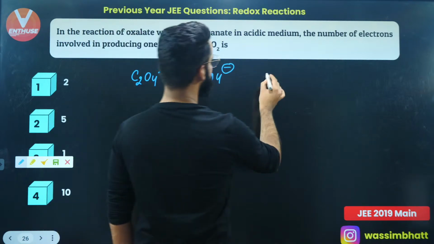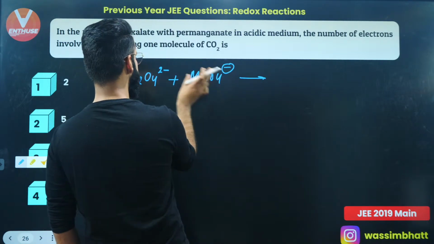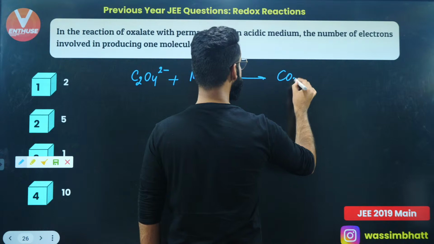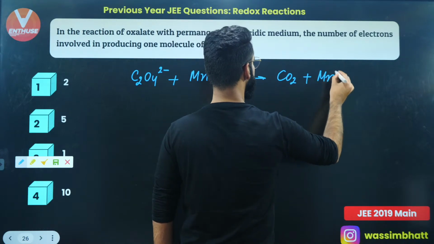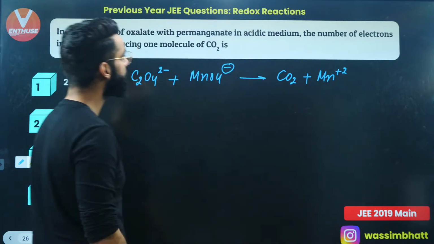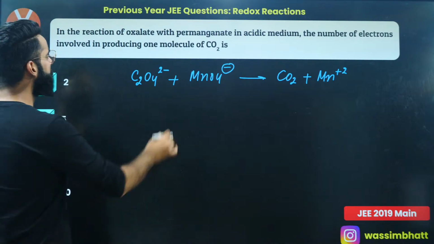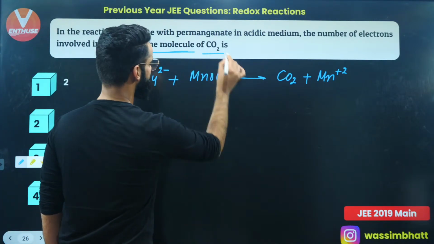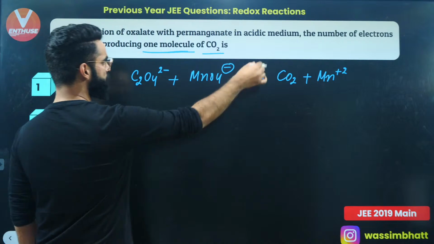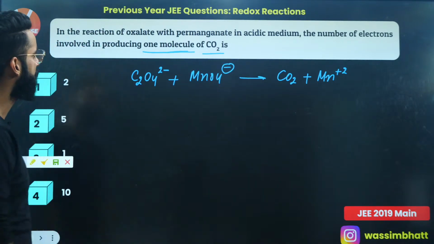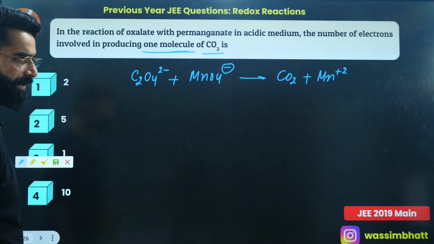In acidic medium, MnO4 negative converts oxalate into carbon dioxide and itself gets converted into Mn 2+. The number of electrons involved in producing one molecule of carbon dioxide: how many electrons are involved?